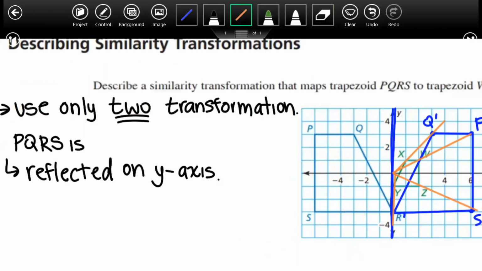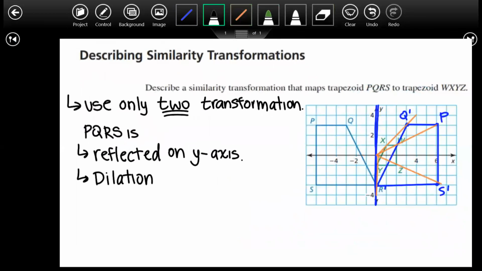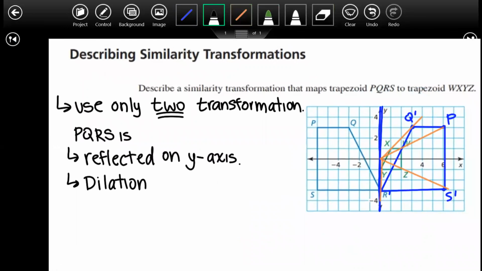So we do want to say that. The second transformation is a dilation.